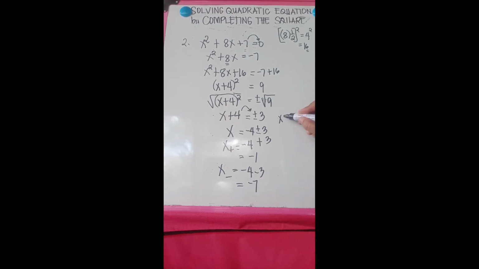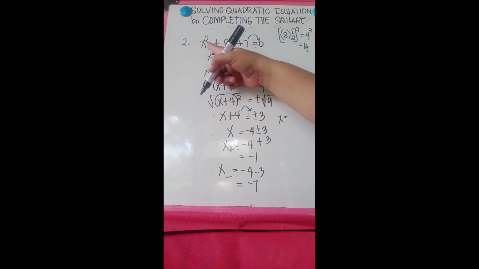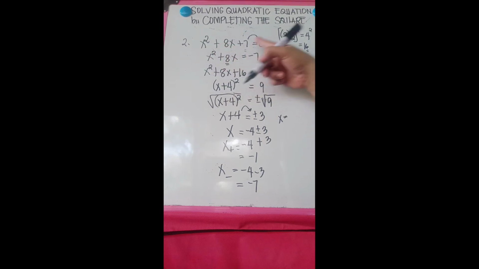So, the solutions of the equation x squared plus 8x plus 7 equals 0 is x is equal to negative 1 and negative 7. Okay ba? Okay. So, one more example.